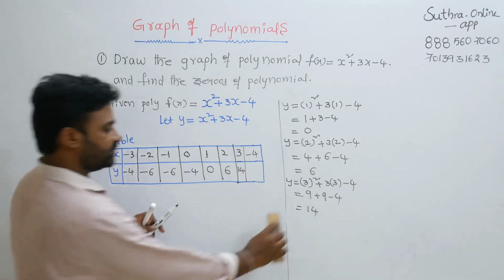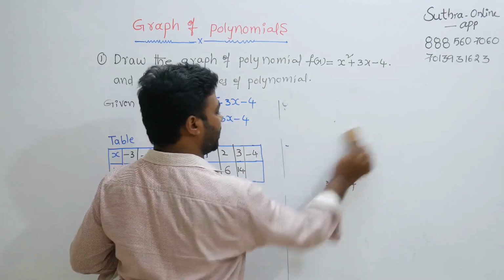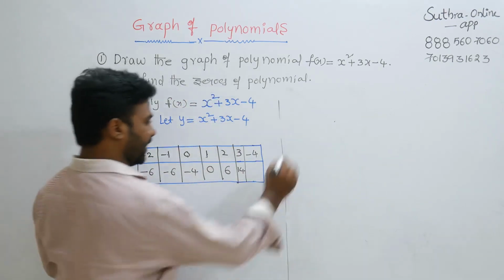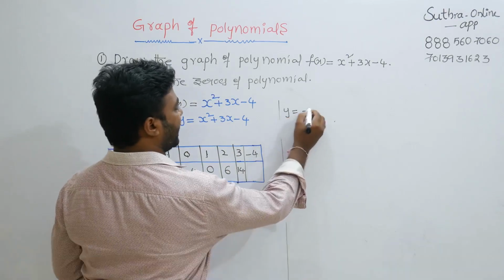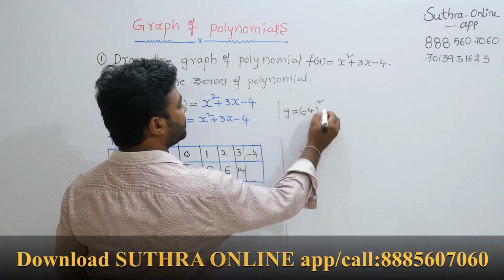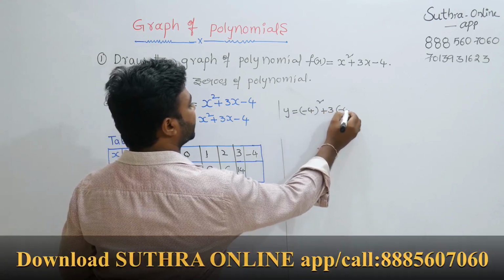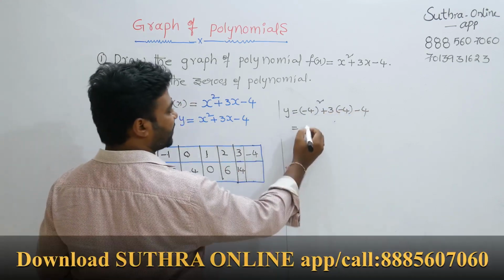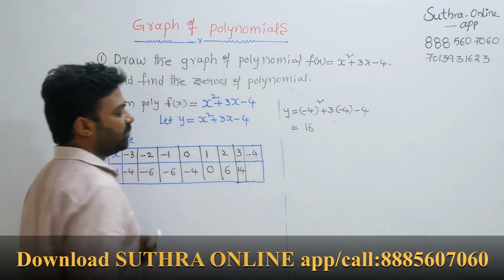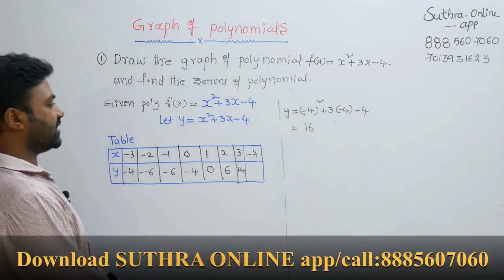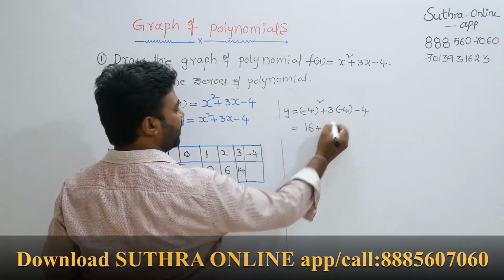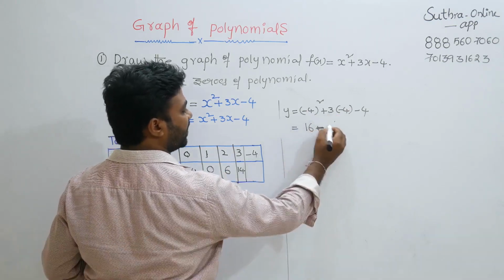Now again I am taking x equal to minus 4. So y equal to minus 4 whole square plus 3 into minus 4. Now minus 4 whole square is 16. Now 3 into minus 4 is minus 12.